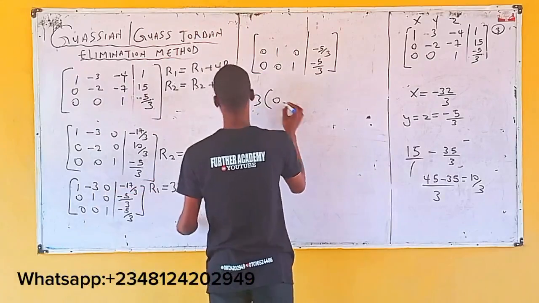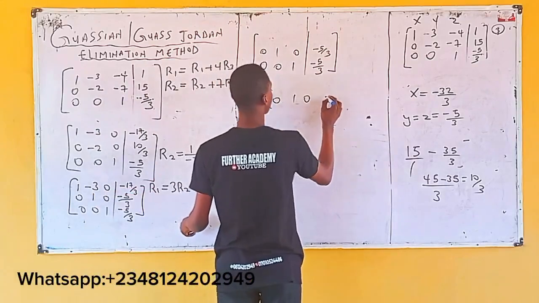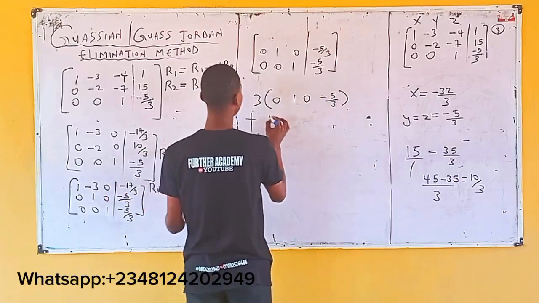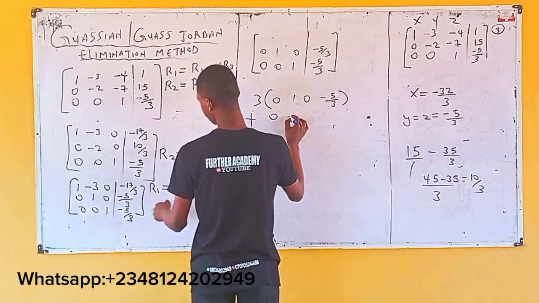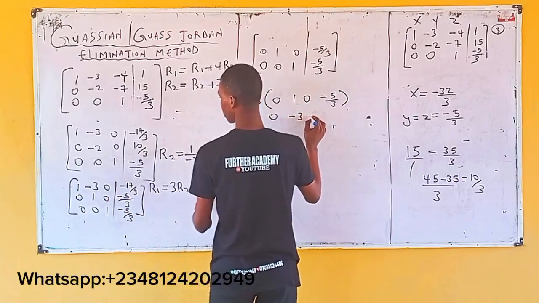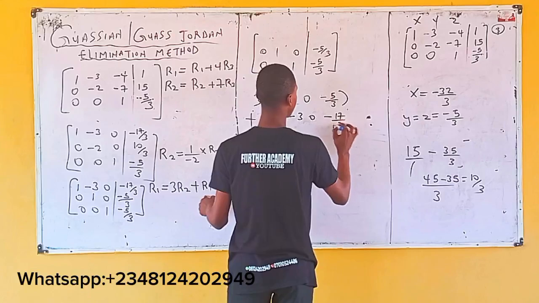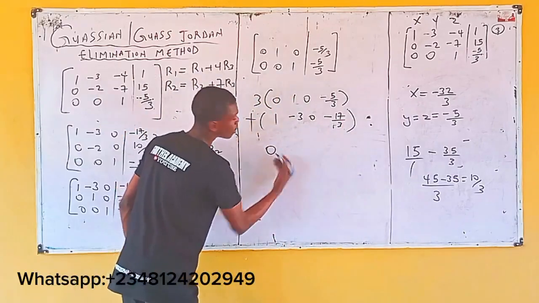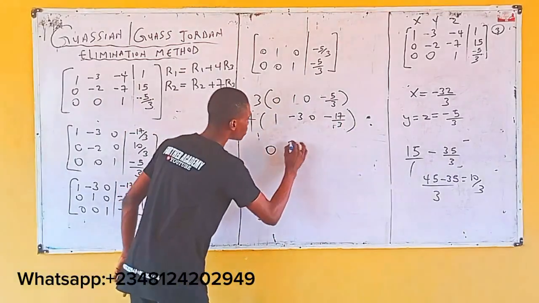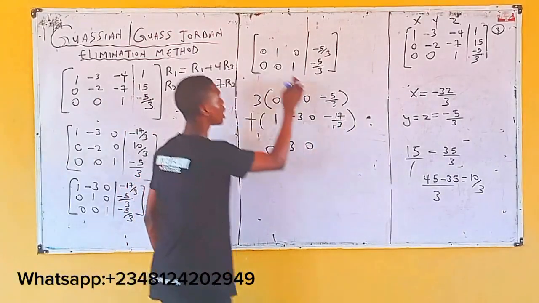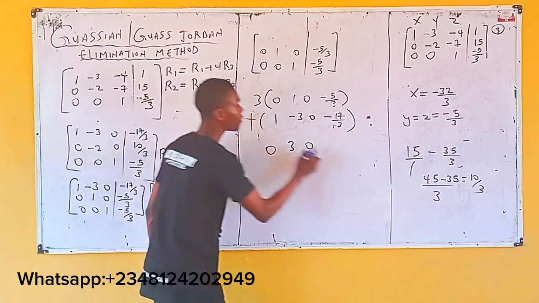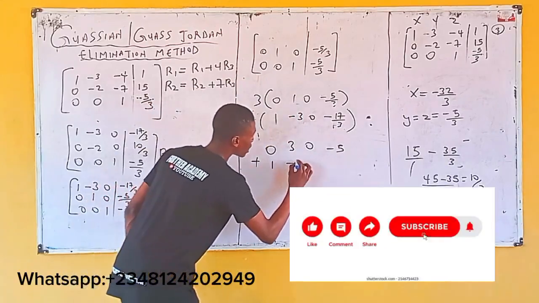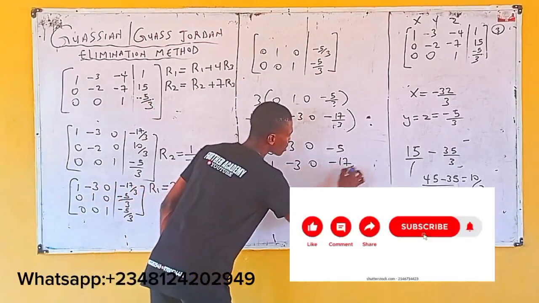What is my row 2 here? 0, 1, 0, -5/3 plus 0 plus 0, -3, 0, -17/3. Right? Now let's do this together. 0, 3, 0, 3 cancel 3. Right? We have -5 plus 1, -3, 0, -17/3.